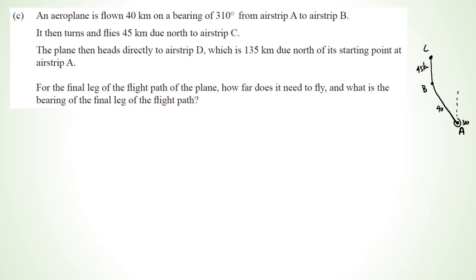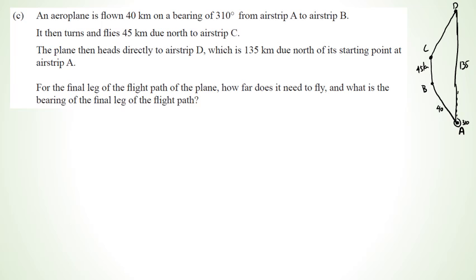Then the plane heads directly to airstrip D, which is 135 kilometers due north of its starting point at airstrip A. So because A is here, we can assume that D is somewhere there, and the plane is going like that. Now we know the distance from that point all the way to A is going to be 135 kilometers.